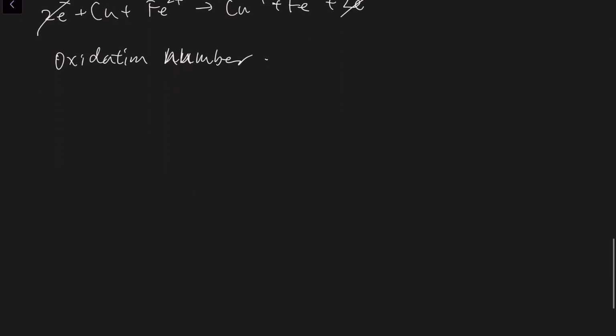The reality is much more complicated. So oxidation number, do not think of this as a burden, as something you need to memorize. Of course, you need to know how to apply this, but it is actually a tool.